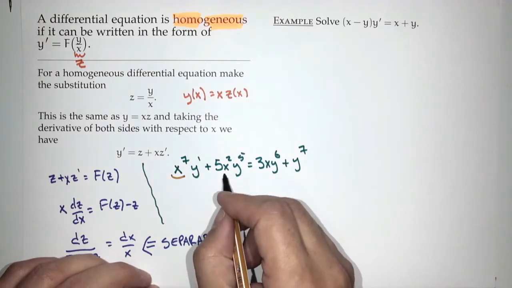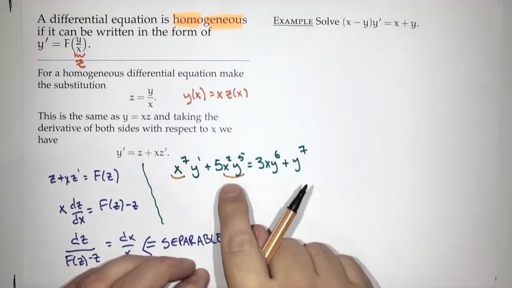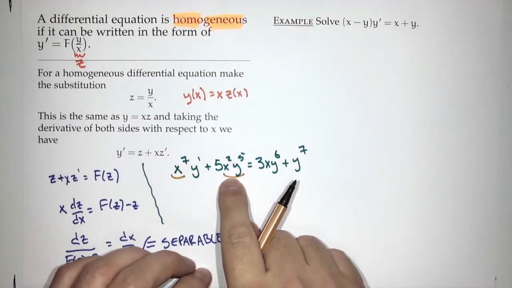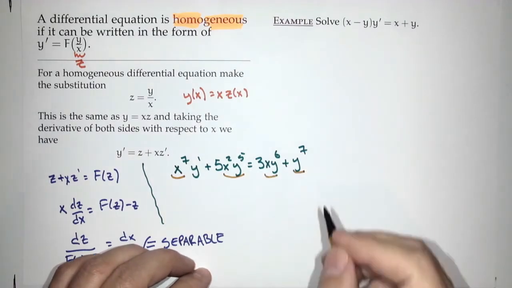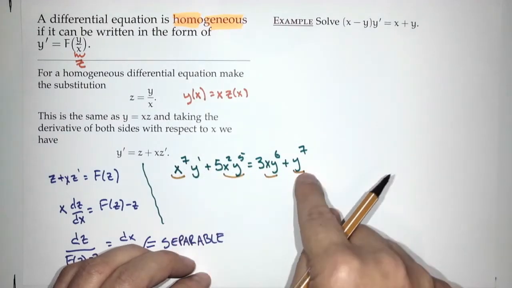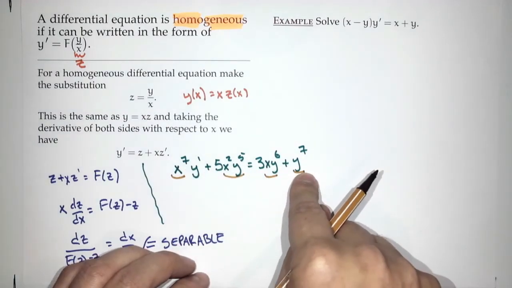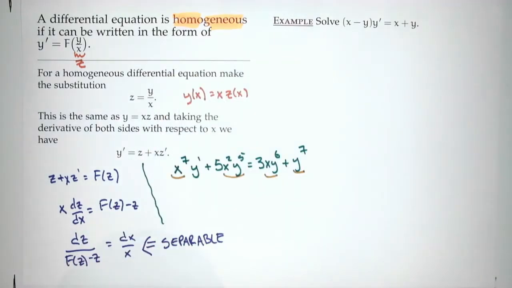Now, the next thing, you have x squared y to the 5th. And you're like, well, wait, what do you do? Channel your inner Captain Planet. And their powers combined, right? So, combine the powers, what do you see? 7. Here? 7. Here? 7. So this is homogeneous because they're all acting like something to the 7th. It's being split up in different ways, but it's all the same behavior.